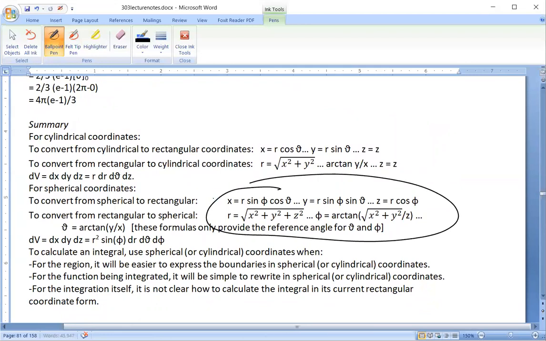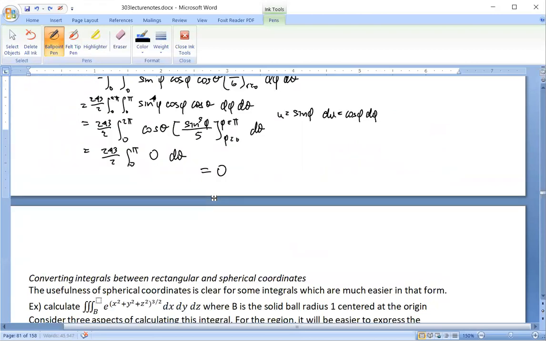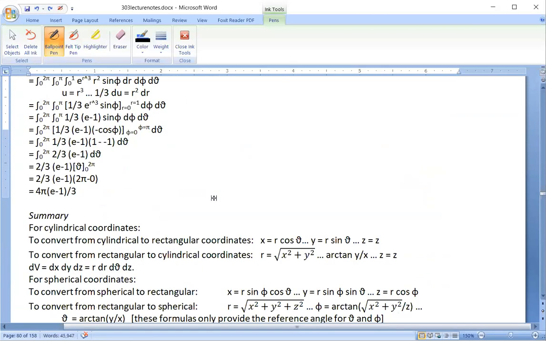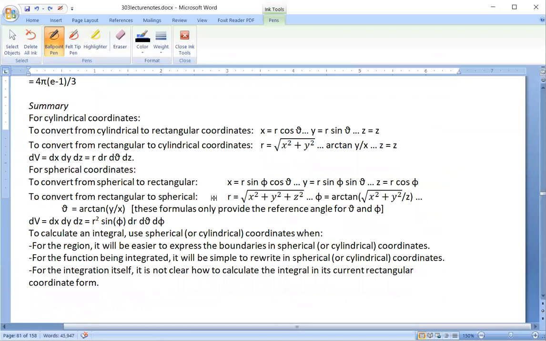That's the first bit. The second bit is the conversion formula for the differential part. So dV, which we already knew is dx dy dz in rectangular coordinates, in spherical coordinates should be written r squared sine phi dr d theta d phi.